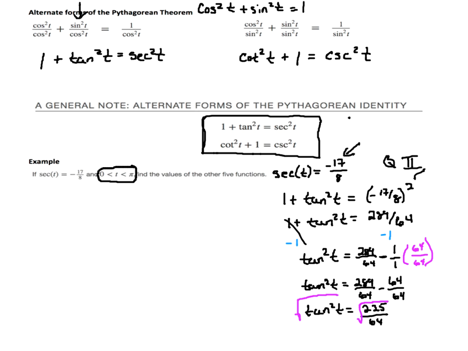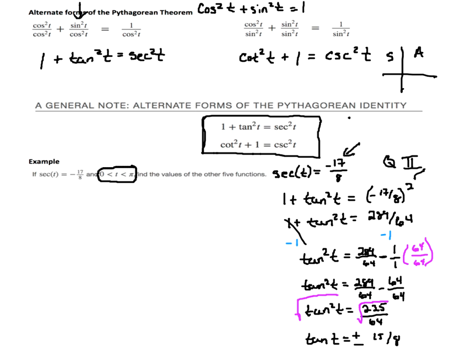I take the square root of both sides to solve for the tangent. And I get the tangent of t is either positive or negative. We'll decide in a moment. The square root of 225 is 15, I think. Let's see, 15 squared, yep, it's 225. So 15 over the square root of 64, which is 8.